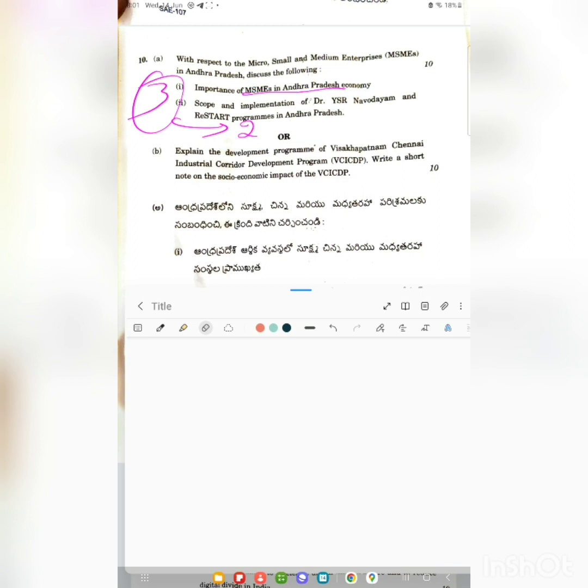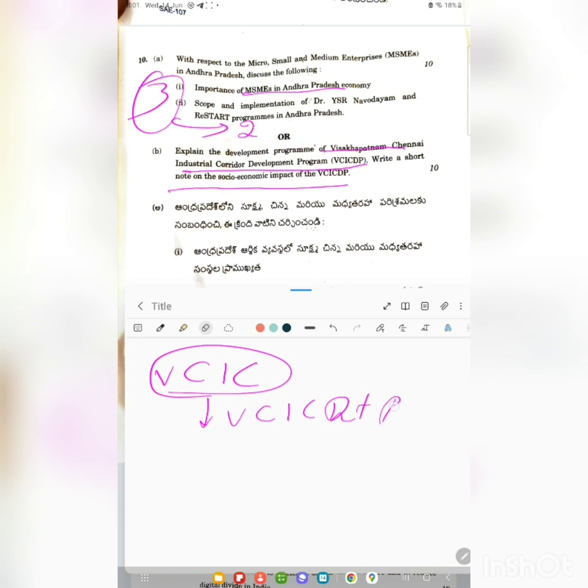Again here, why I didn't choose the question to explain the development program of the Vizag Chennai Industrial Development Corridor program and write a note on socio-economic impact. See, this question is not regarding the Vizag Chennai Industrial Corridor. This question is regarding the Vizag Chennai Industrial Corridor Development Program.